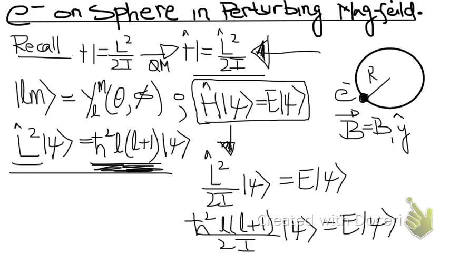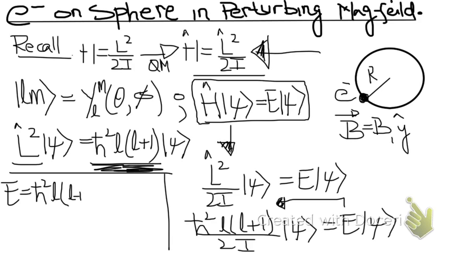While I'm doing this mathematics, you should be understanding the physics that's happening. So my E is equal to h bar squared l(l+1) over 2I. Here now I have my energy eigenvalues.